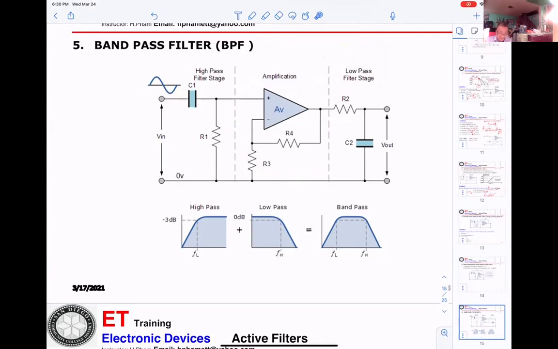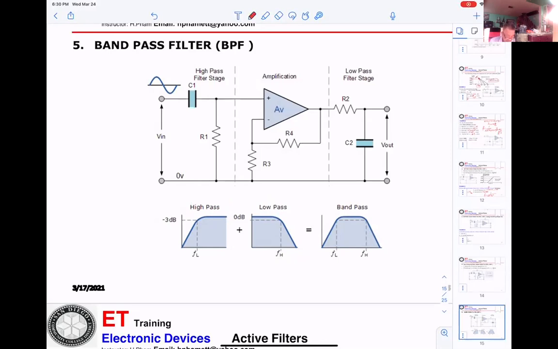So basically, the band pass filter for the first one, they get this one here. That means they combine a high pass filter with a low pass filter. That's why they make a band pass filter.